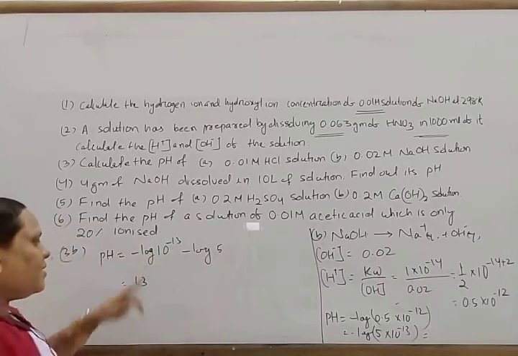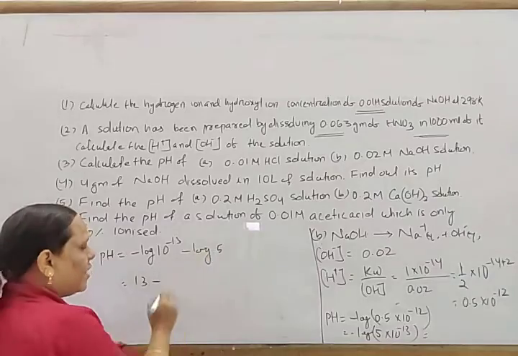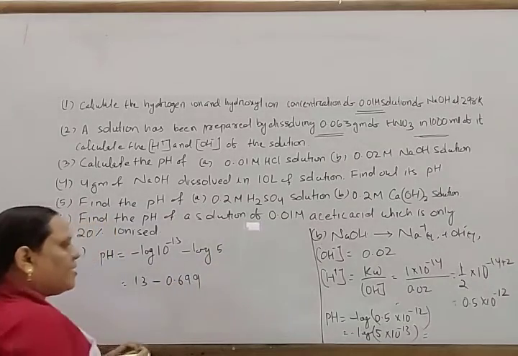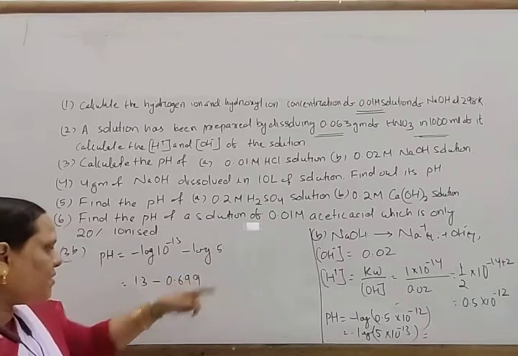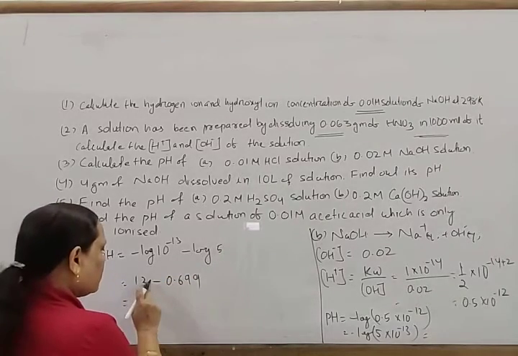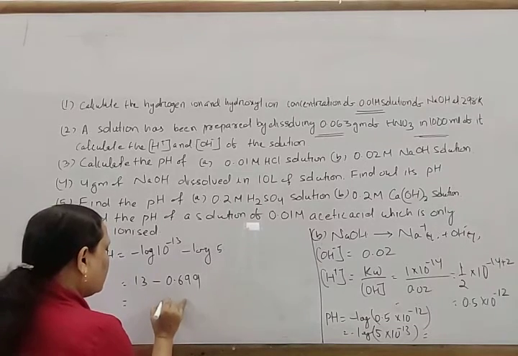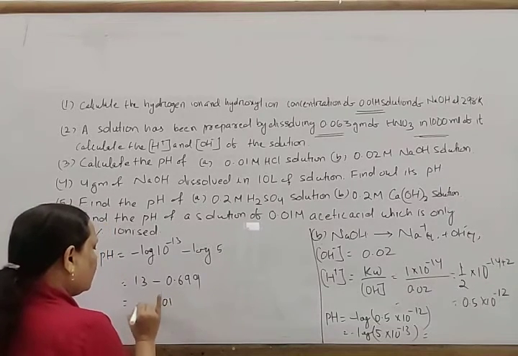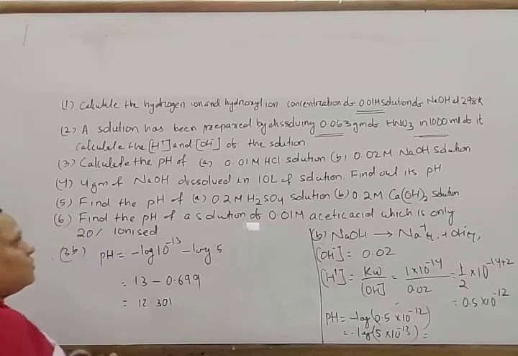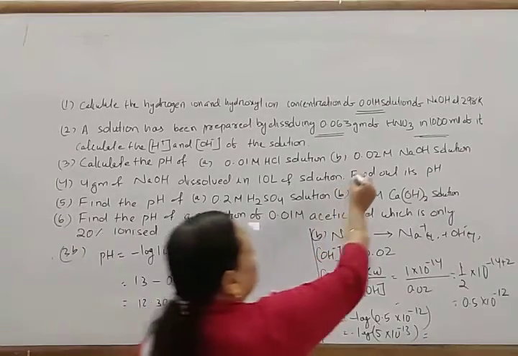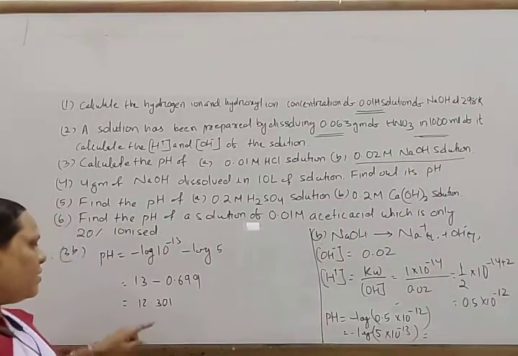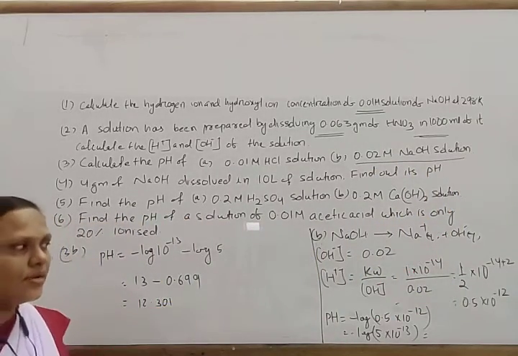So positive 13 log 10 minus log 5. Log 5 value is 0.699. So putting this in, it is 13 minus 0.699, that is 12.301. So the pH of 0.02 M NaOH solution is 12.301.